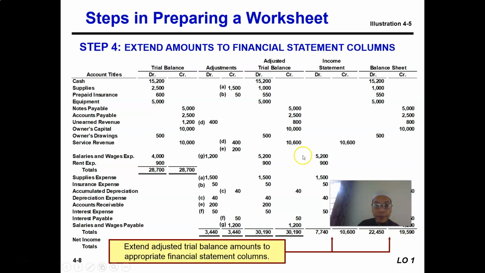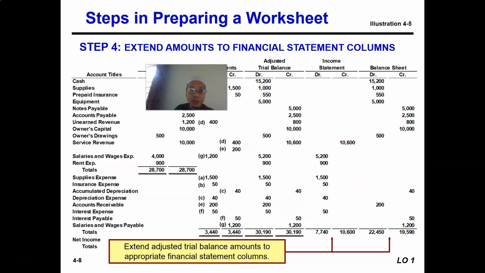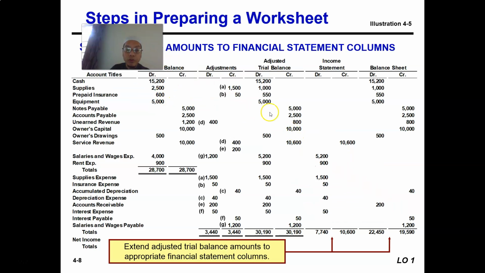The fourth step is we need to extend the amounts from the adjusted trial balance columns into our income statement as well as our balance sheet. Here we need to recognize which account balances should go into the income statement and which should go to the balance sheet.